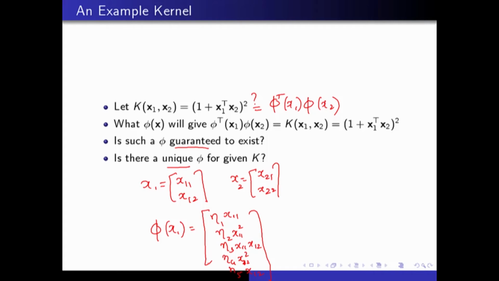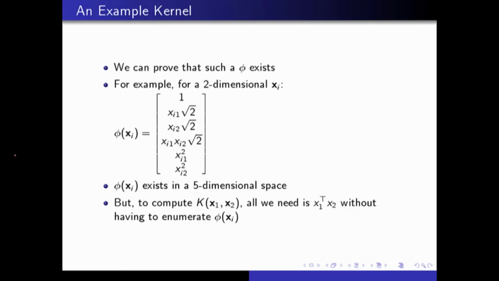Would some choice of the etas give you the kernel that is desired? It turns out that it is the case. Actually, you need to also pad a 1 here. You need a constant. So yeah, some of these etas are just root 2 and some of these etas are 1.